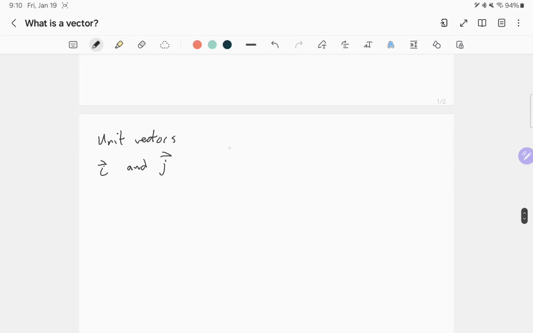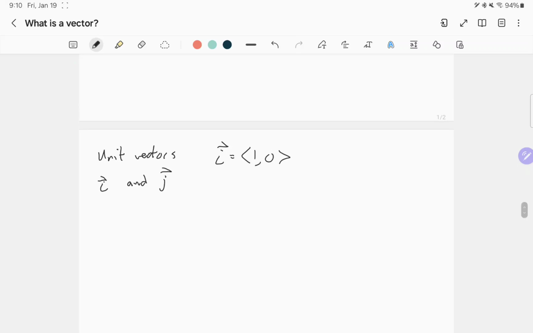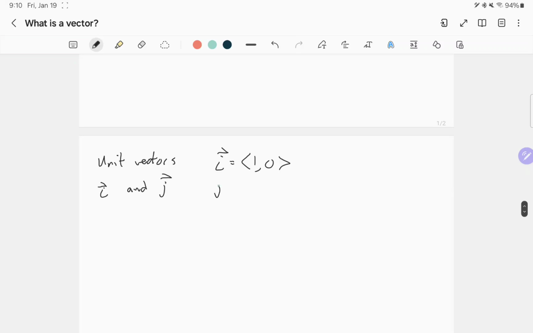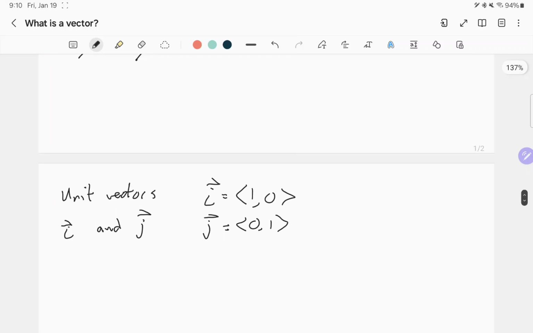The unit vector i is defined as 1 unit in the x direction. So this would be like this. No problem, right? So j, obviously, as you can expect, is going to be exactly 1 unit in the y direction. And these are super helpful because these are sort of building blocks.